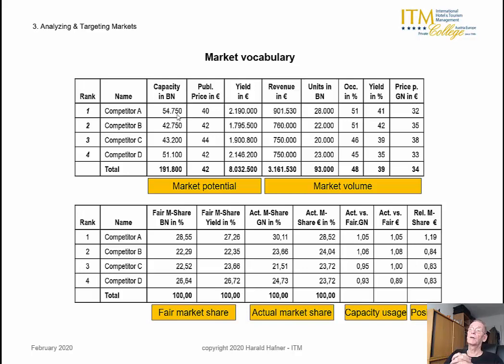The capacity is calculated by the number of beds times the opening days of the hotels, and this is how those figures and numbers come about. The second column, the column next to it, is the published price in euro.